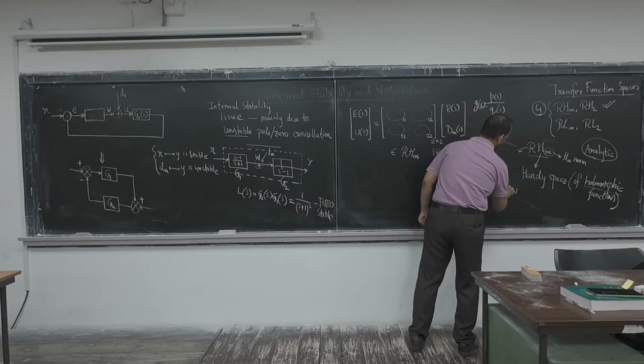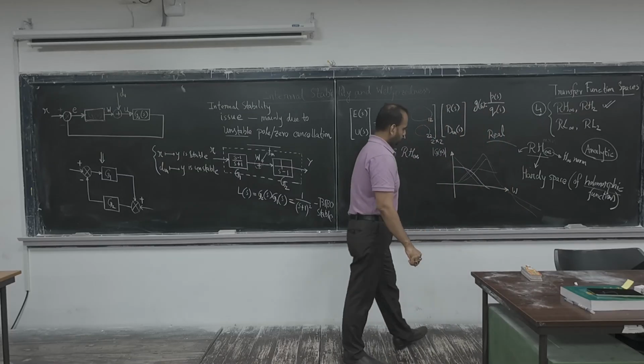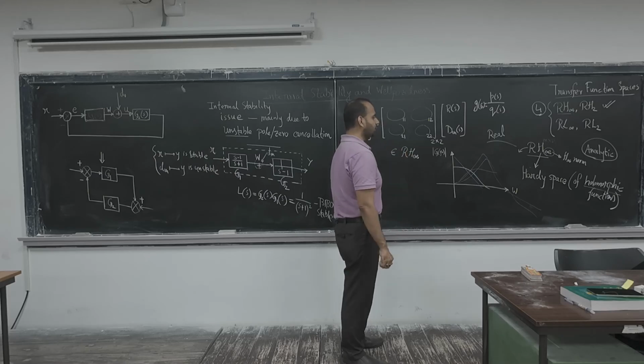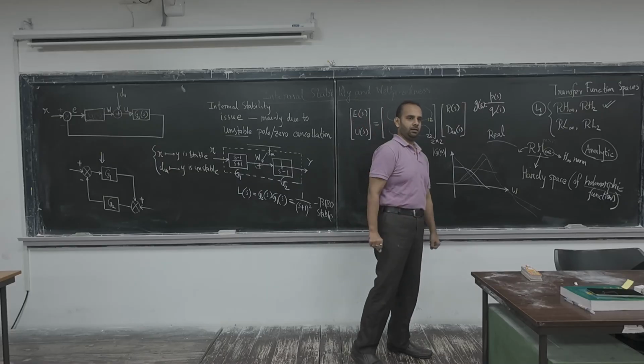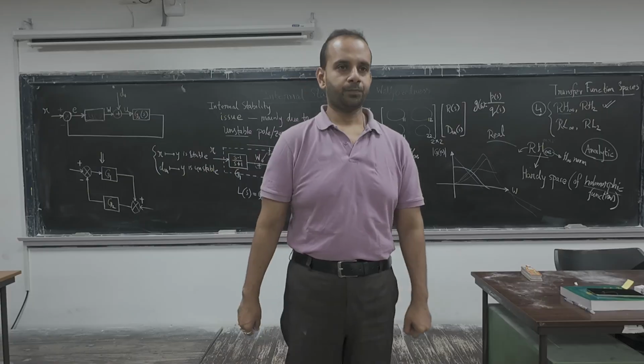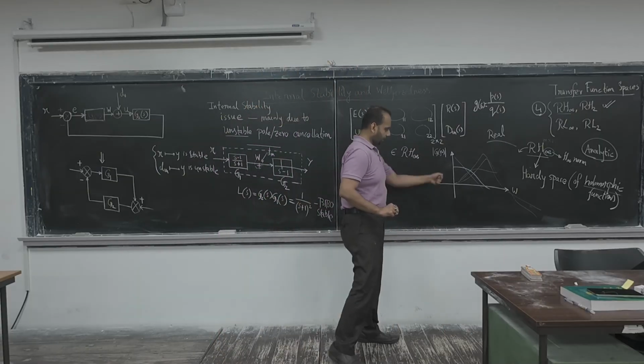The way I explained the H infinity norm by the Bode plot, if it is a SISO case, then (I plus G1 G2) whole inverse is simply 1 by (1 plus G1 G2), another transfer function. If it belongs to H infinity, its H infinity norm would be finite. That means for all frequencies, it will give you finite values, right? So if it is so, then we are done.